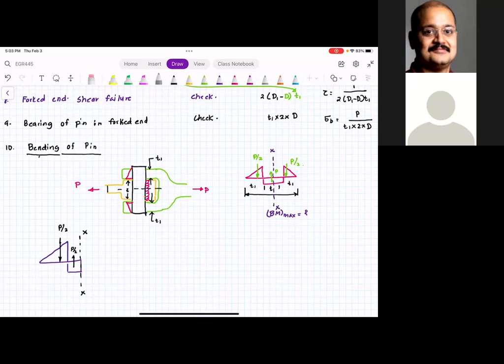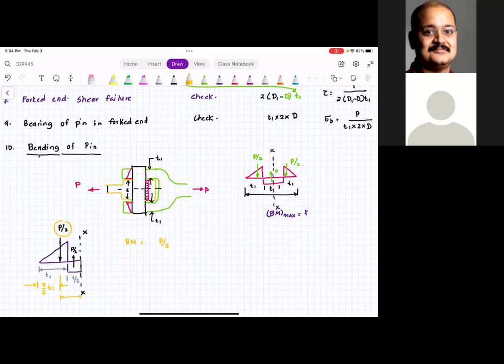Now let's look at these dimensions. This dimension is T1. This dimension is T by 2. You agree with me? Now, for the triangular load, the total load acts at the centroid of the triangle, which is at a distance of 2/3 T1. So what would be the bending moment? The bending moment is going to be P by 2 multiplied by this distance.